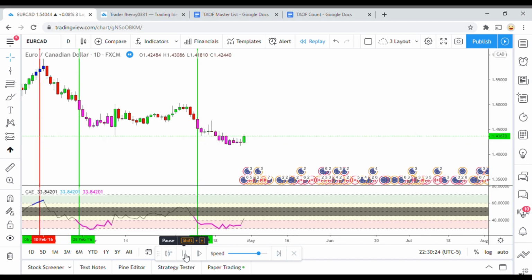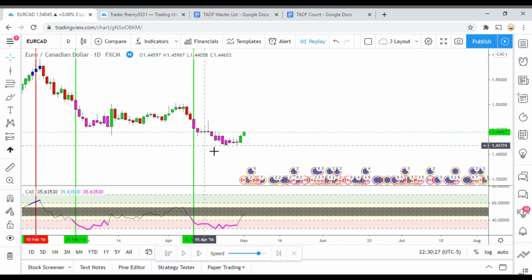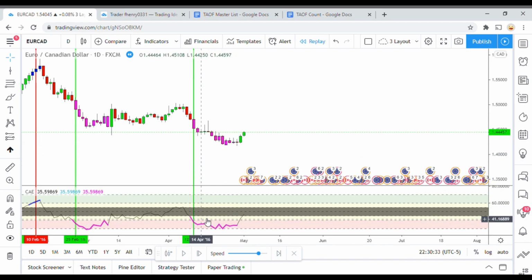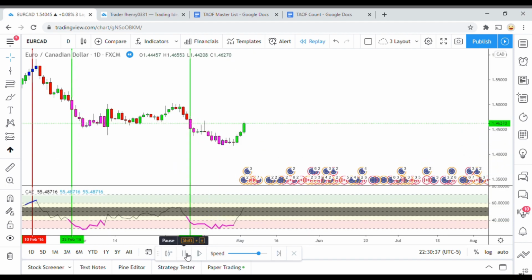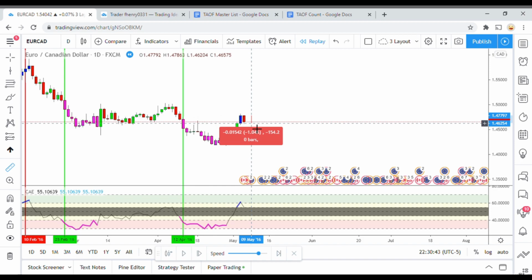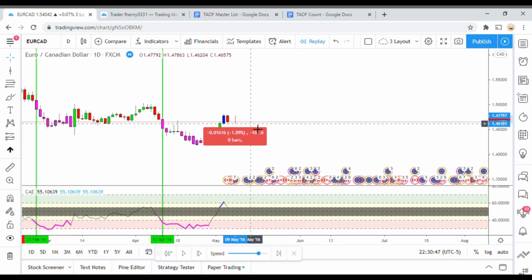All right, going forward here. All these were green, or all these were purple. None of them went into the chop zone, so that would have been one long trade right there. And we pick up a blue long signal right there. Question is, did that one stop us out?